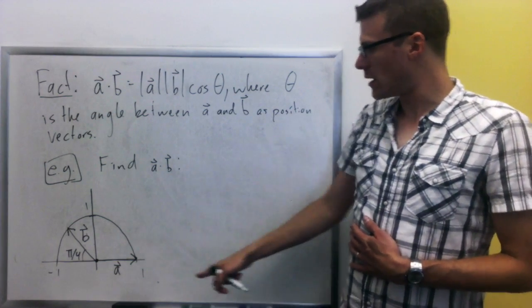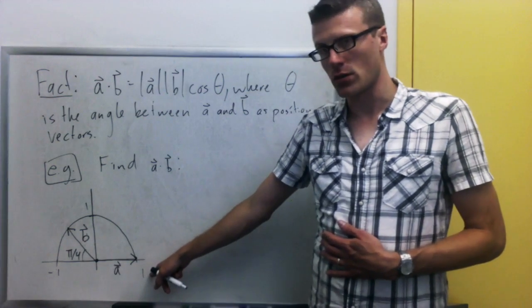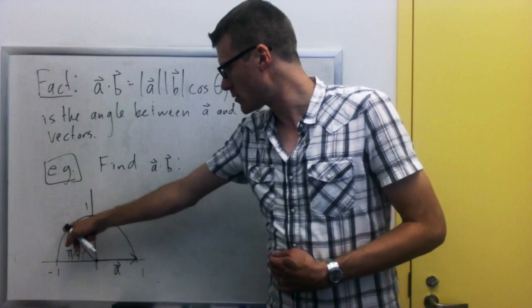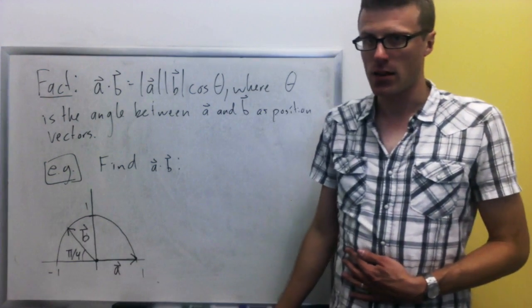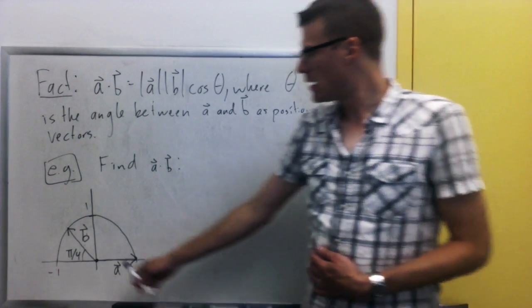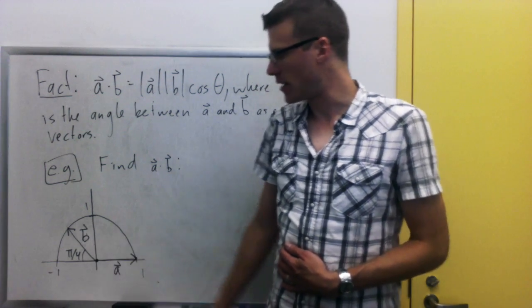Let's take A dot B, where A is this vector starting at the origin, going to 1, just doing two-dimensional vectors here. And B is this vector going from 0 to, this is supposed to be the unit circle, which is suggesting that this also has magnitude 1. Both of these vectors have magnitude 1, and it's making an angle of pi over 4 to the negative x-axis.